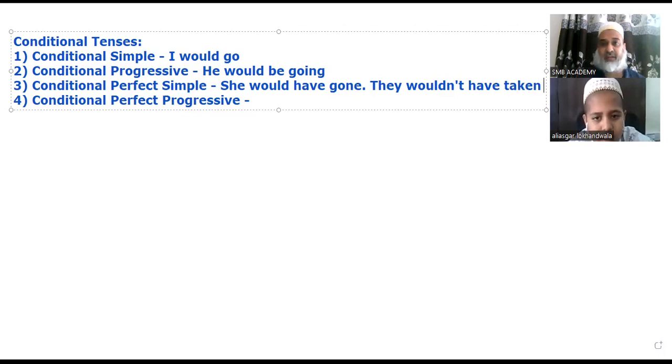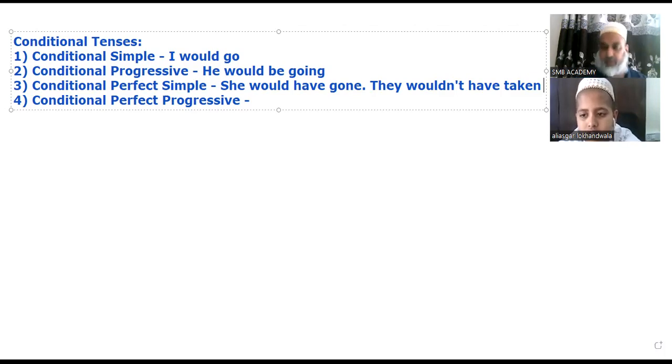What is the meaning of that? That they have taken it. But they wouldn't have taken it if there was a notice in front of the door that said please do not touch it. But they touched it. They took it. And that's why they got sick, they got injured. So that's why they wouldn't have taken it if there was a notice board on the door.